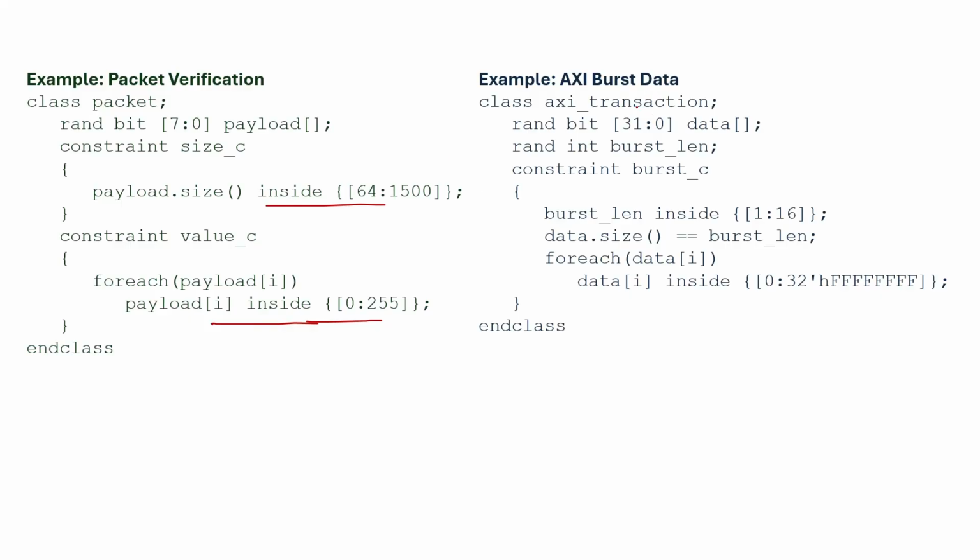And then AXI burst data also same thing. So 64 to 1500 will be allowed. One condition is size is 65, which means the data value should be 0 to 255; any values you will get. And the next condition, size should be 66, because size is also varying.